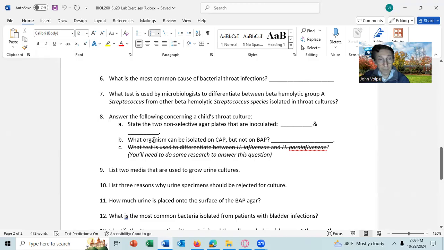And then 8B, what organism can be isolated from CAP, but not from BAP? CAP being chocolate agar plate and BAP being blood agar plate. For 8C, I've crossed it out because you can't answer it directly from the lab module. You'd have to go online. And you can do it if you want, but you won't get extra credit.